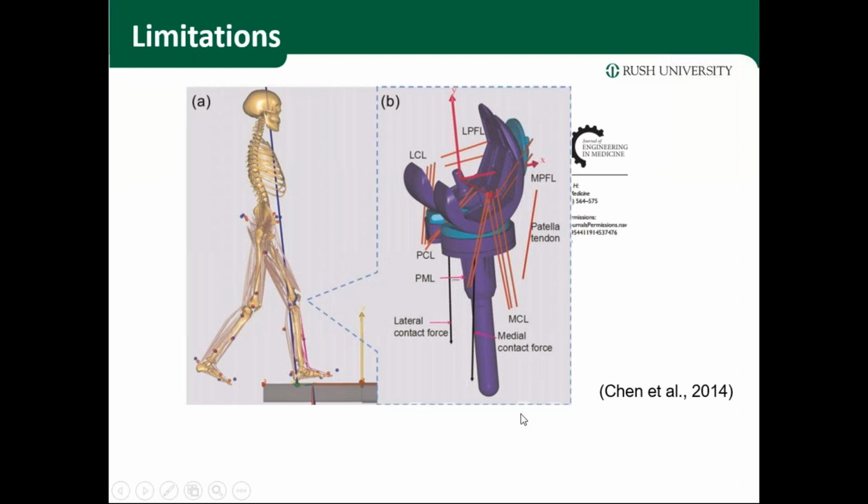the contact ligaments. But the problem with this model is that it takes a little bit long to calculate the muscle forces and joint forces over the entire gait cycle. Well, it is not very surprising. We are importing more complicated geometry to the model, so it will take a little bit longer.